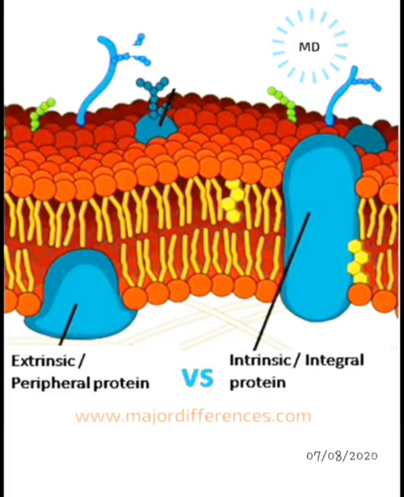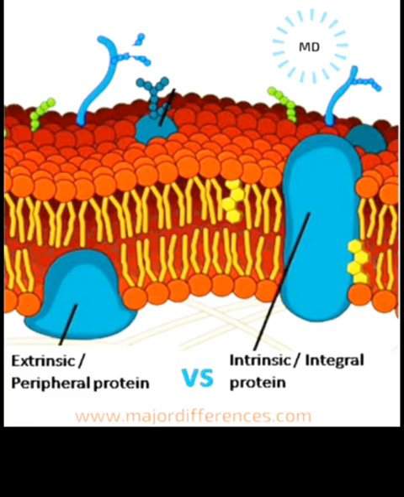Here is another diagram of the two major types of proteins that are found inside a fluid mosaic model structure. These two are the intrinsic protein, also known as integral protein, and the other one is the extrinsic or the peripheral protein.